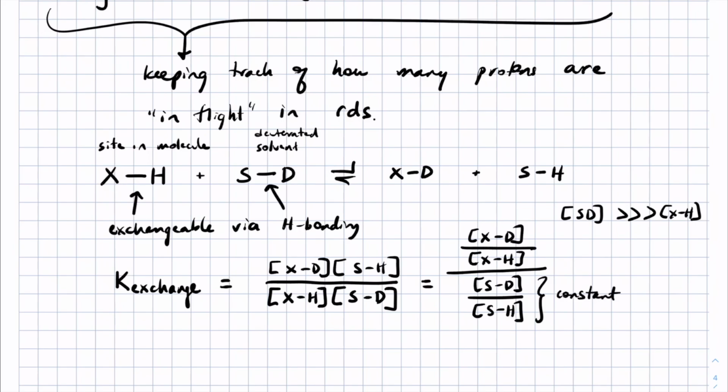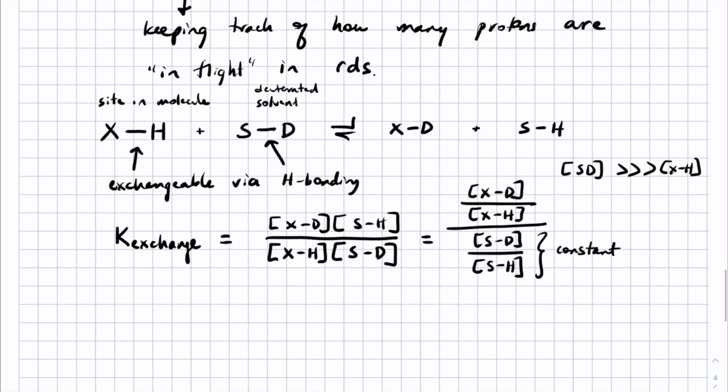All right. Because this equilibrium constant for exchange tells us how much deuterium prefers to be attached at the site in our molecule versus how much deuterium prefers to be in the solvent, we're going to call this exchange constant phi, Greek letter phi, and we're going to call that a fractionation factor.